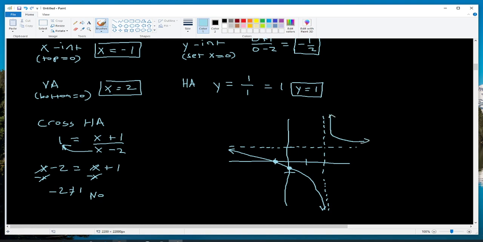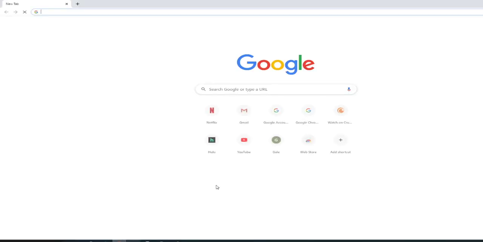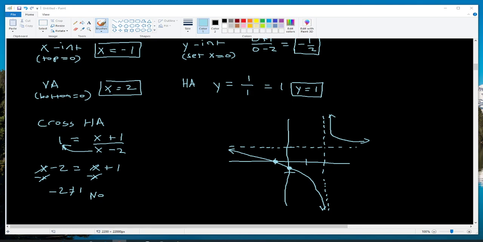And then just to check our graph, again, these graphs aren't going to be 100% accurate, but just to check our graph versus our drawing, let's graph this really quick in Desmos and take a look.